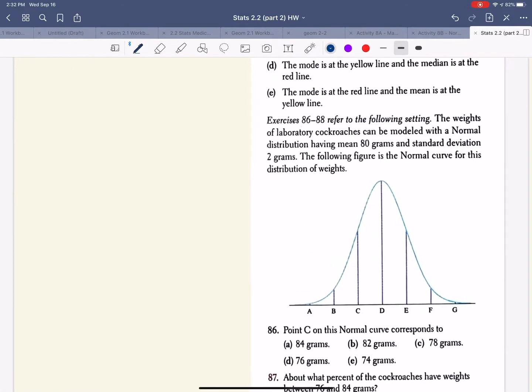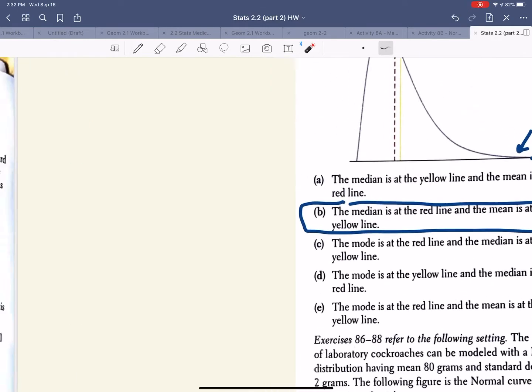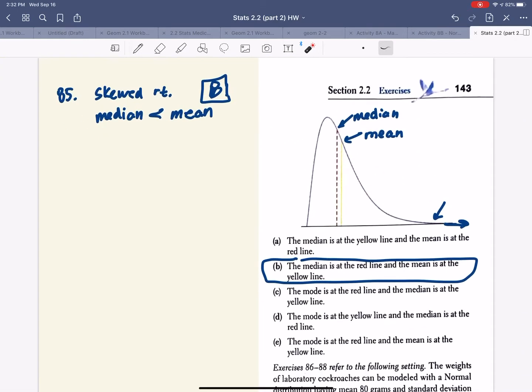It says, referring to question 86 to 88, the following setting applies. The weights of the lab cockroaches can be modeled with a normal distribution, having a mean of 80 and a standard deviation of 2. The following figure is normal for this distribution of weights. Okay, so this flap chart will be helpful for us here. All right, so our mean is 80 and our standard deviation is 2.